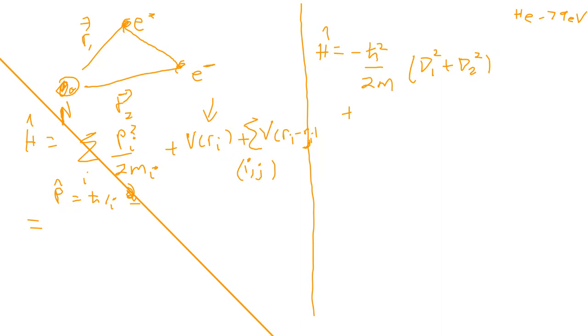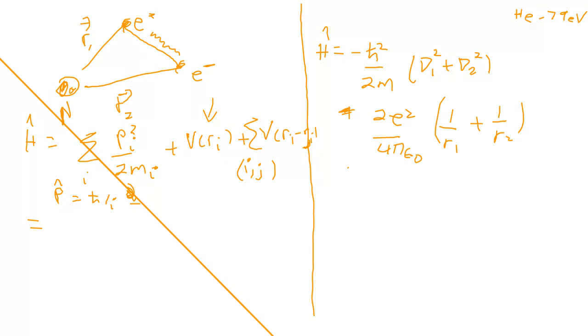There are two of them, so this will give you minus 2e squared over 4 pi epsilon 0 times 1 over r1 plus 1 over r2. Then there will be this messy interaction term between the two electrons.